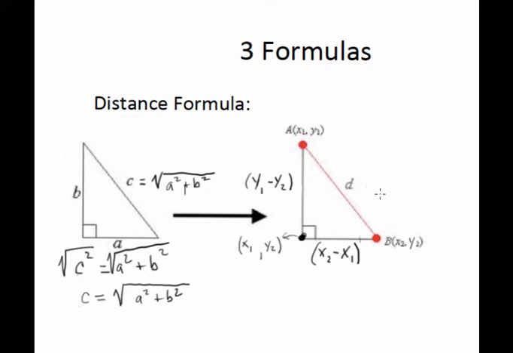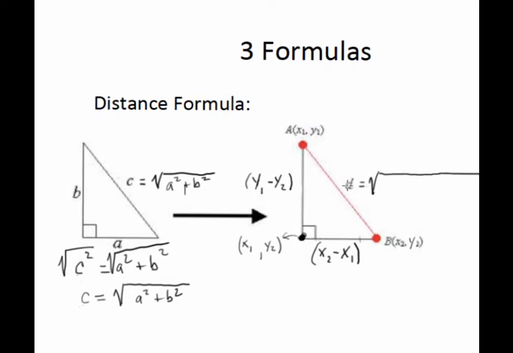Now, when I go to transfer that over to our actual formula, you're going to see I'm going to switch these, and the reason is because we're going to be squaring it. It doesn't matter if y1 minus y2 is positive or negative, because when we square it, it will give us a positive value anyway. So where does this formula come from? The distance formula. So let's write this out.